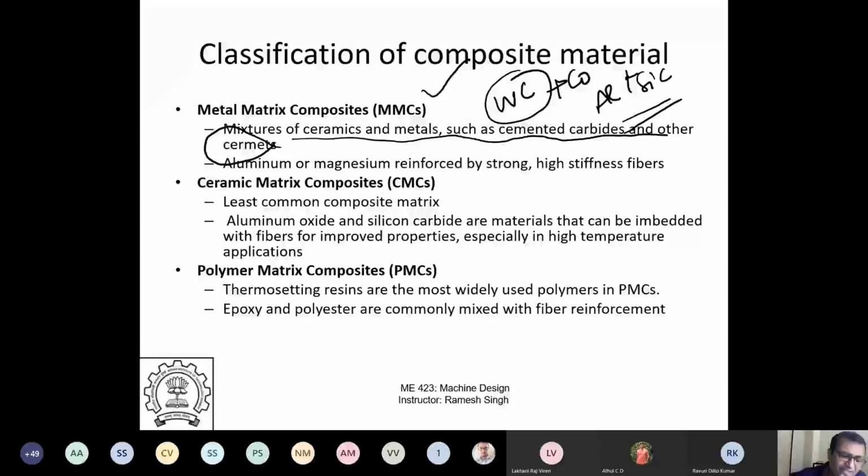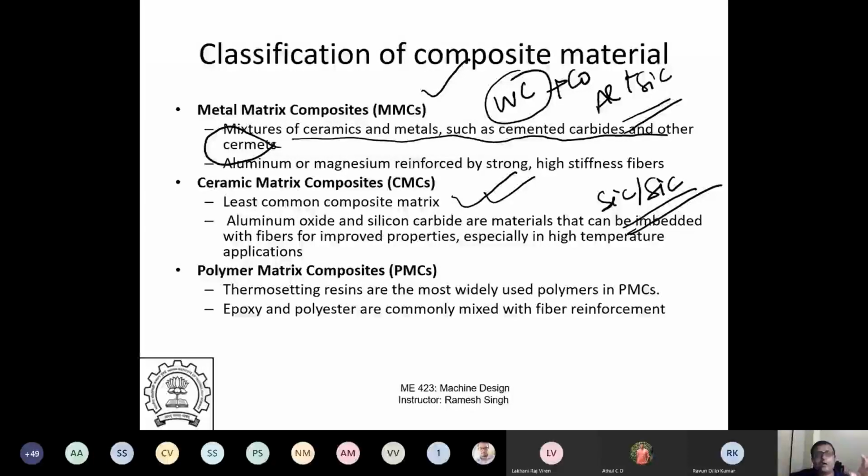You can have ceramic matrix composites, where aluminum oxide and silicon carbide are the main matrix, and you embed fibers. So you can have a silicon carbide composite, which is the latest, for very high temperatures. The efficiency of any engine, if I talk about aerospace engines, is limited by the material.